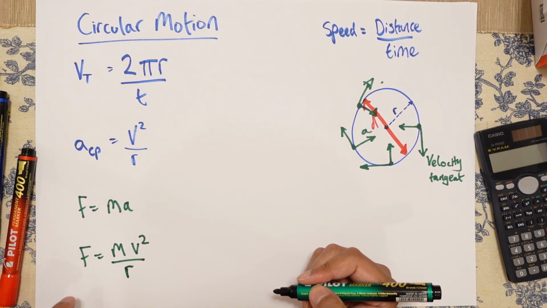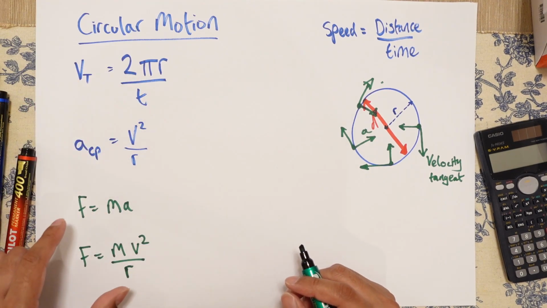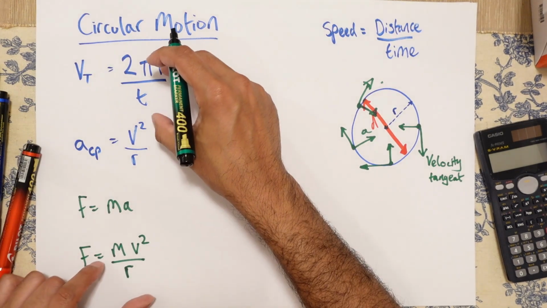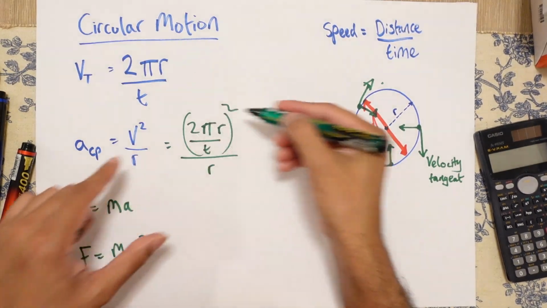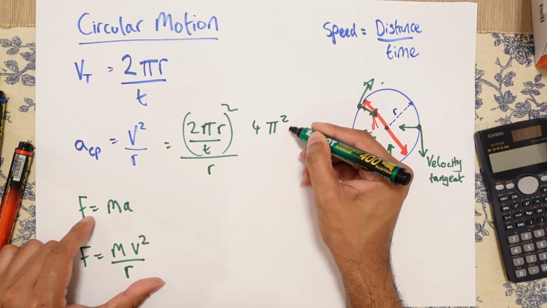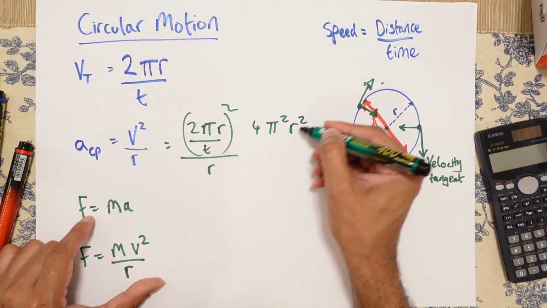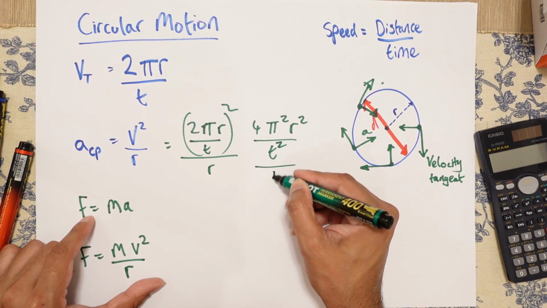Okay? And since this is 2 pi r divided by t, if we square this, we end up getting, now if you square 2, you get 4. If you square pi, you get pi squared. If you square the r, you get r squared over t squared. But we've also got divided by r.